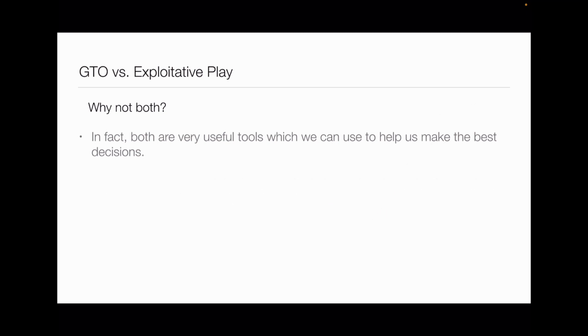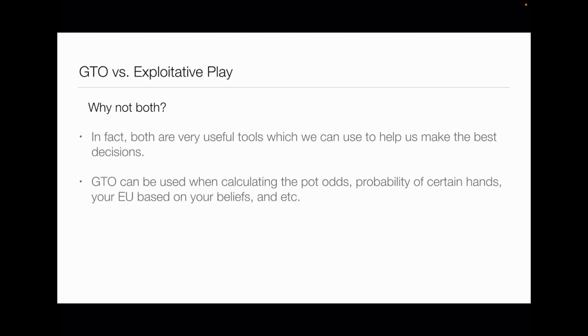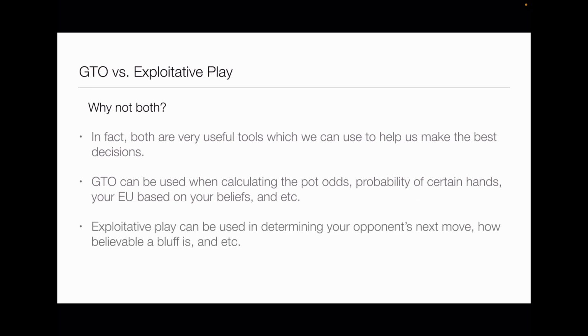For example, GTO can be used when calculating the pot odds, the probability of a certain hand, your expected utility based on your beliefs, and so on. While exploitative play can be used in determining your opponent's moves and how believable a bluff is, and so on.